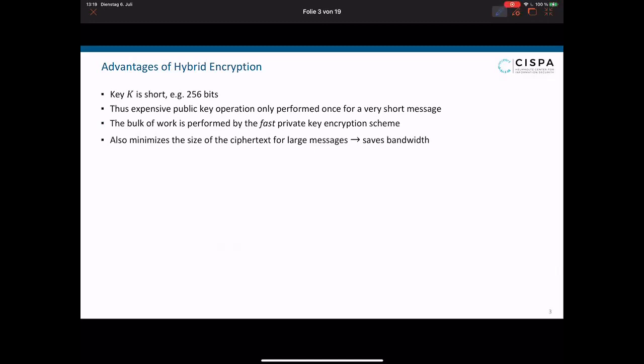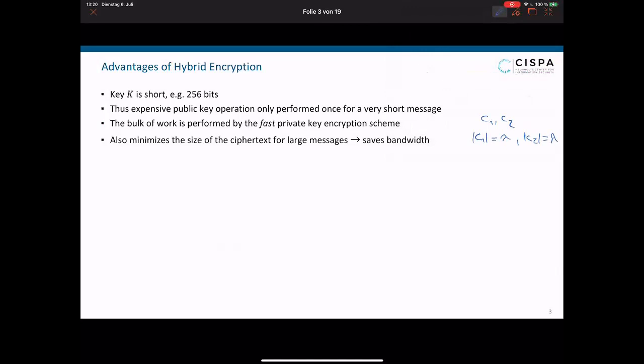Recall that for Diffie-Hellman-based ElGamal encryptions, our ciphertext had this form: C1, C2. The size of C1 was roughly the security parameter, because it was a group element, and the size of C2 is again also something like the security parameter.